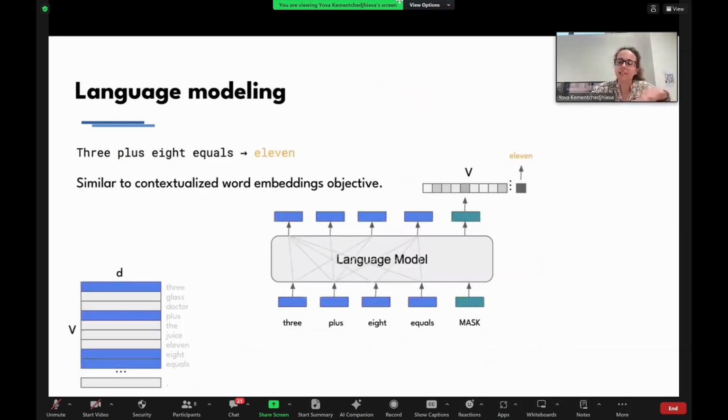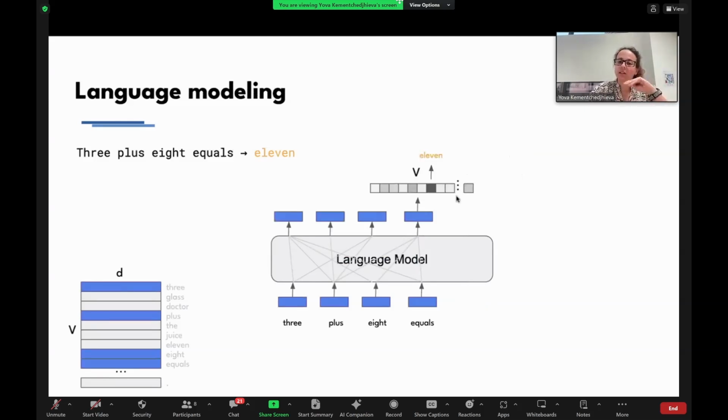But like I said, we don't need the mask. We can directly do that from the last token in the sequence and train a model again with cross entropy, where this vector has to be as similar as possible to the one hot vector representing the target. And we find that this system is flexible enough to learn good representations of the input that allow it to correctly predict the next token.